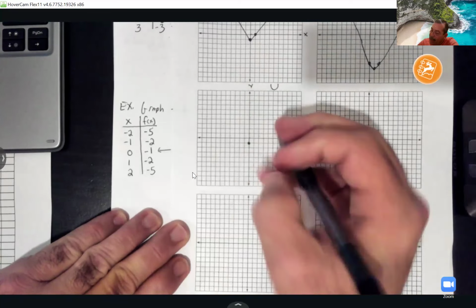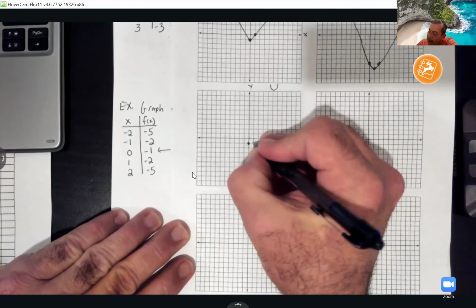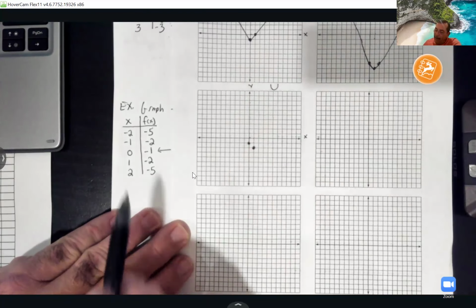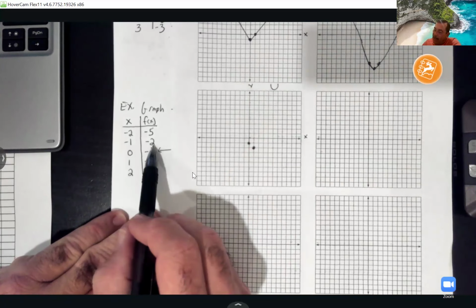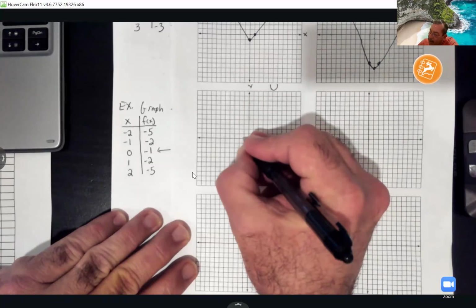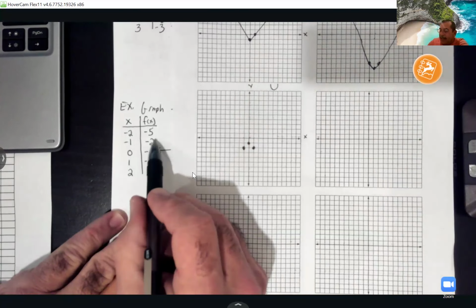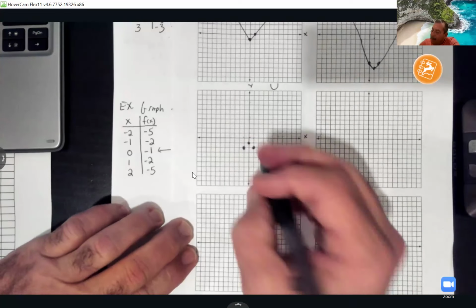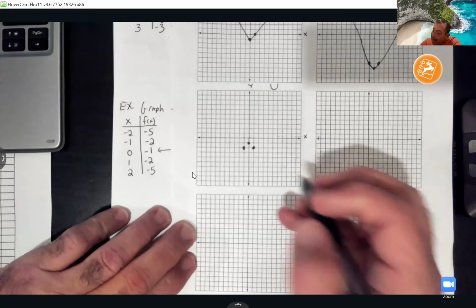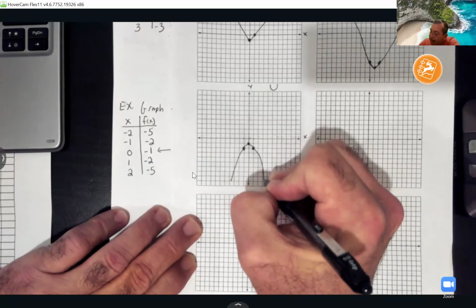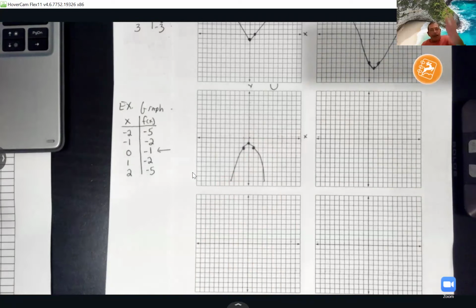I'd probably do 1, -2, so go right 1 and down 2. And then I'm going to do -1, -2, so that'll be left 1 and down 2. So always try to get to center and then 1 on either side. But y'all, we said since it was negative, it was turning it upside down, and there you go. Turned that parabola upside down.